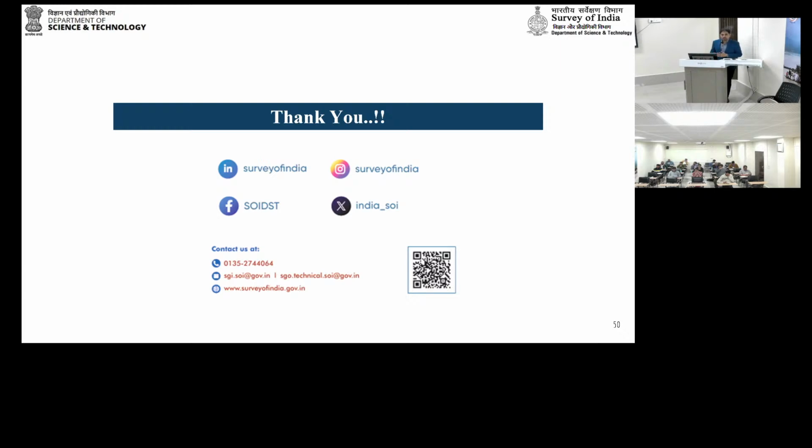In CORS we will get XY, but you will also get an ellipsoidal height, and with that height, applying the geoid model correction, you will get the RL of that point. I think by summer end, the whole of the northeast will have a geoid model for the relative height. That will be easy for you. Without doing the leveling, you will get a 20 centimeter accuracy height of any point.